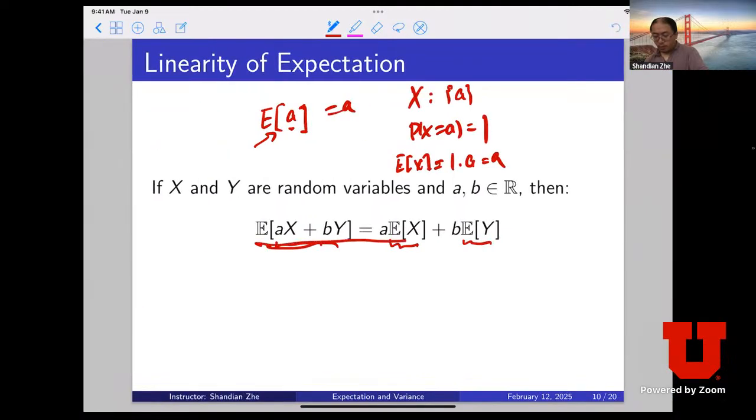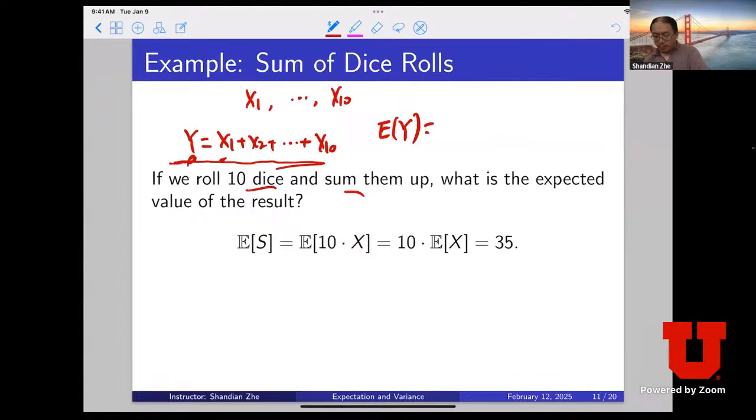This is what the linearity of expectation says. That means I can take the expectation of each individual dice roll and then add them together.